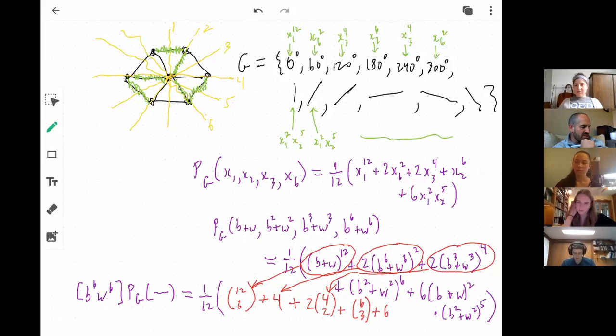The only ones that are going to be possible are B squared from the first thing, and then I would have to have B to the 4th, W to the 6th from the second thing. How would I get B to the 4th, W to the 6th from the second thing?